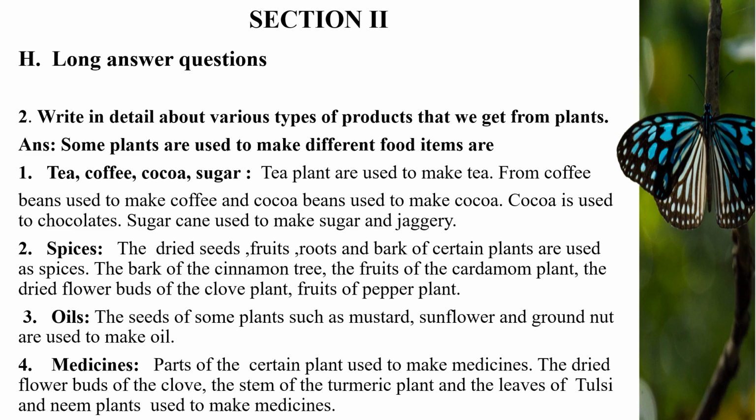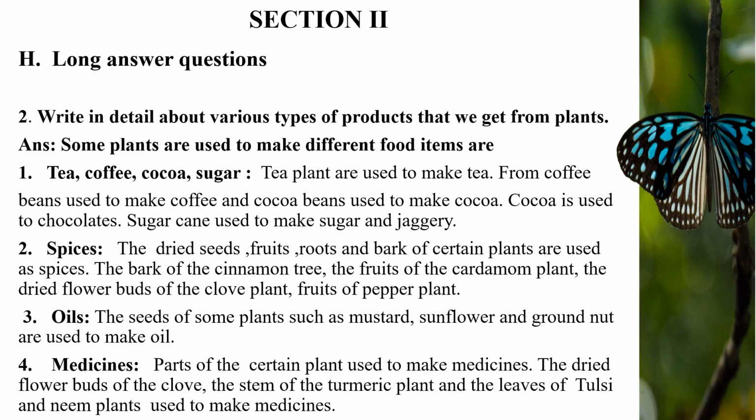Second, spices. The dried seeds, fruits, roots, and bark of certain plants are used as spices. The bark of the cinnamon tree, the fruits of the cardamom plant, the dried flower buds of the clove plant, fruits of pepper plant. Third, oils.